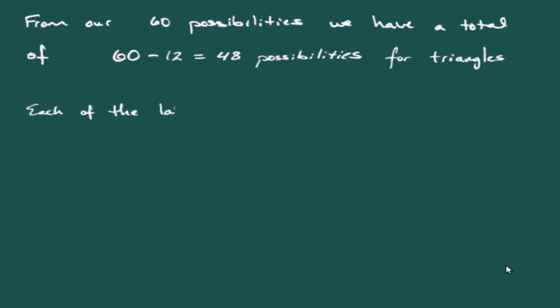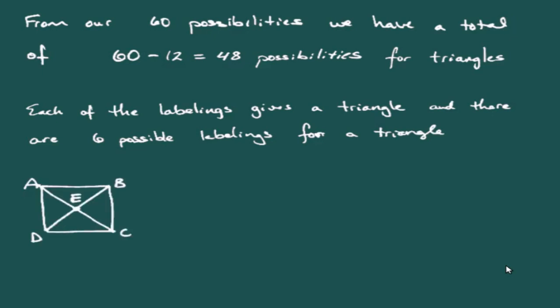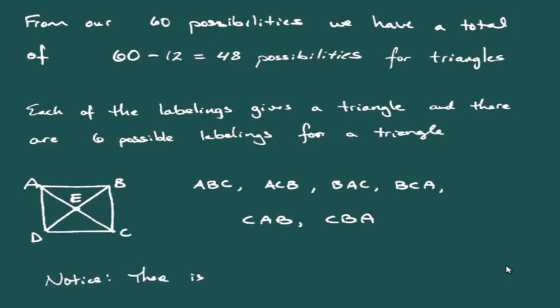Now, for each one of these labelings of a triangle, we've got 6 possible labelings that correspond to the same triangle. For instance, if we take ABC, ACB, BAC, BCA, CAB, and CBA, those are all going to correspond to the exact same triangle, ABC.